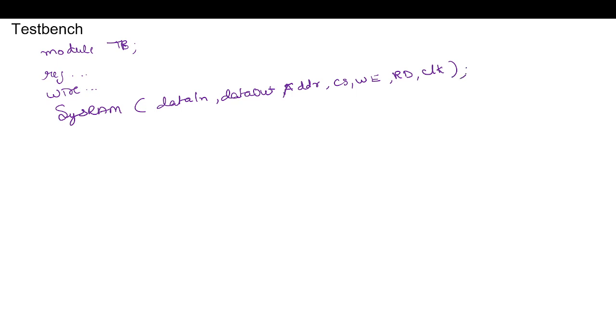Now we can apply the different values. Initial, begin. So first you can begin with assigning 0 to all the values. Then you can wait for some 100 nanoseconds. Then apply the stimulus.